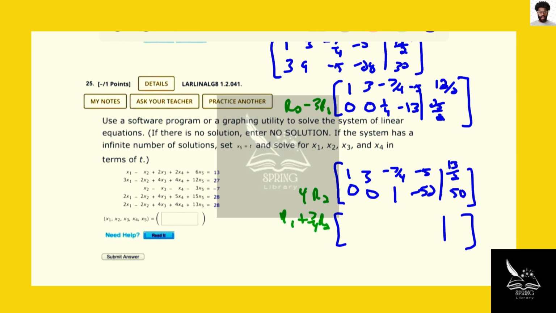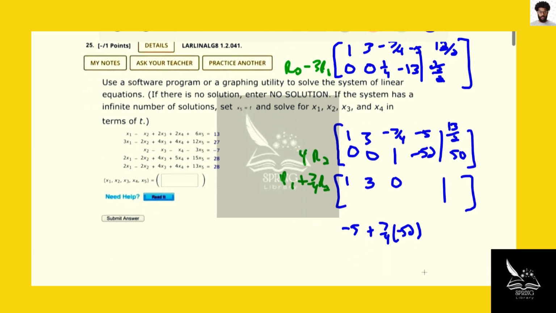So we'll have 1 plus 0, 3 plus 0, -7/4 plus 7/4, -5 plus 7/4 of -52. 7 times -52 is -364, divided by 4 is -91. And that would be -96.